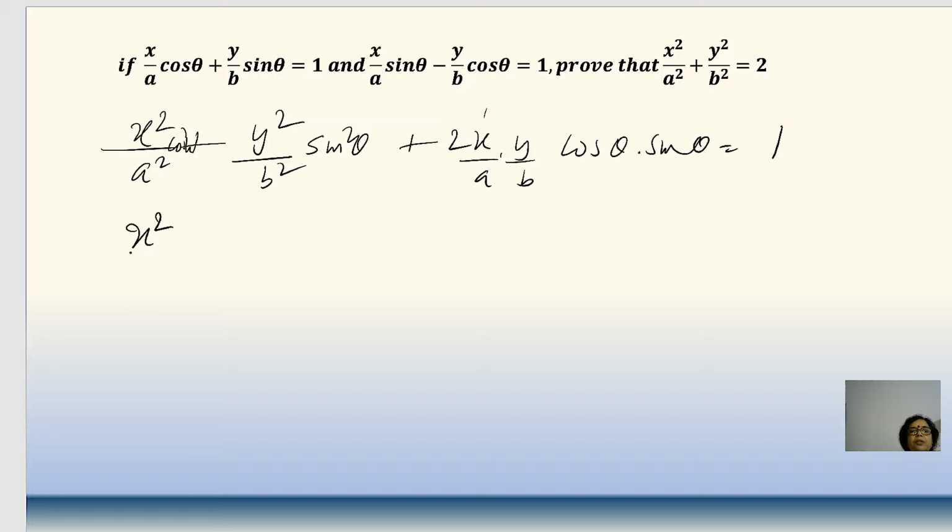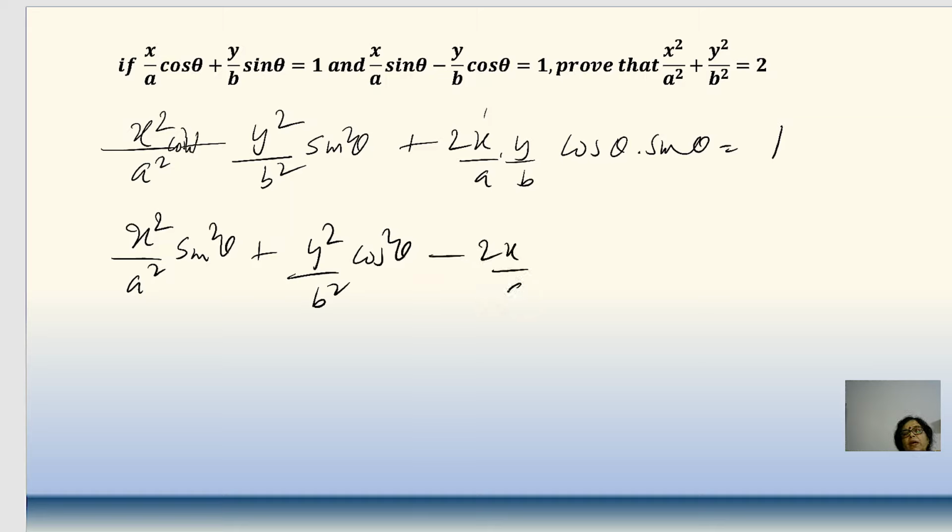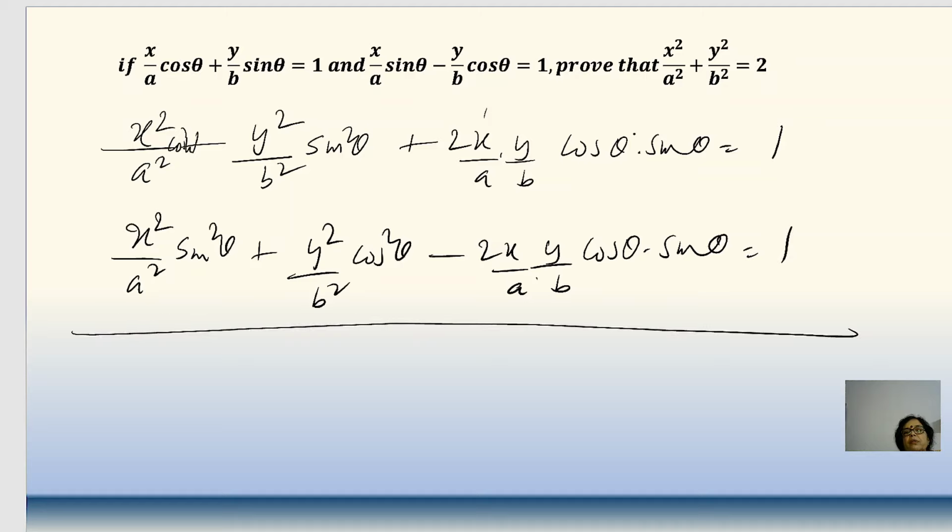The second expression becomes x square by a square sine square theta plus y square by b square cos square theta minus 2x by a into y by b cos theta sine theta is equal to 1. Now add them up. This term gets cancelled. One is plus, one is minus.